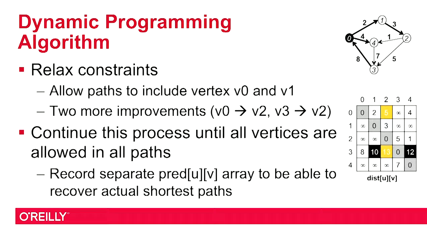And so you continue this process repeatedly until all the vertices are allowed in any path. And so what you did is you took a problem that seemed insurmountable, or at least seemed like it was going to be a lot of work, and broke it up into very distinct iterative solutions where you start with the most constrained form of the problem, just the direct edges, and then you slowly but surely allow the problem to change.